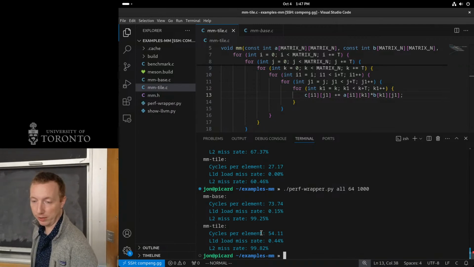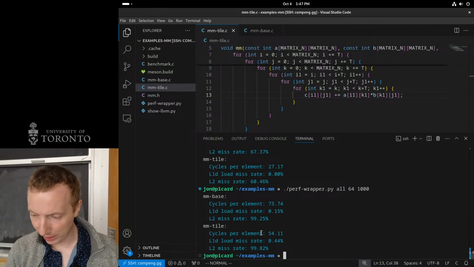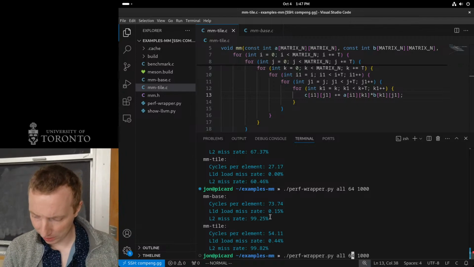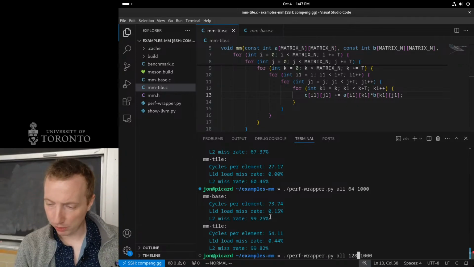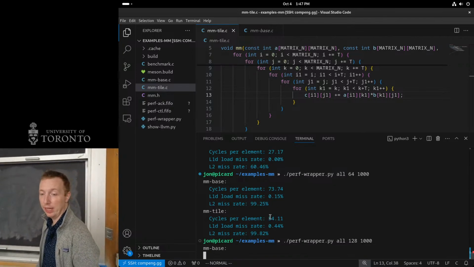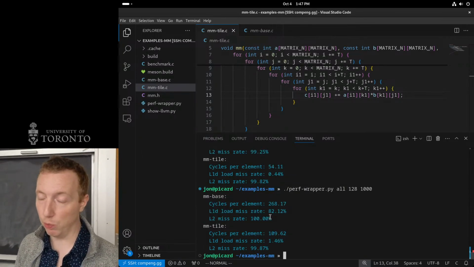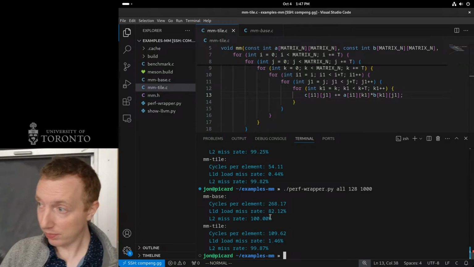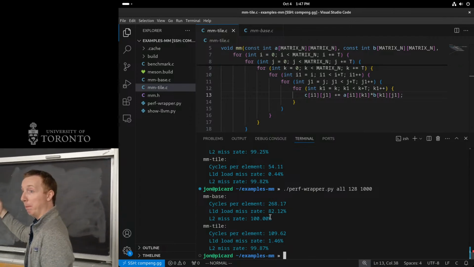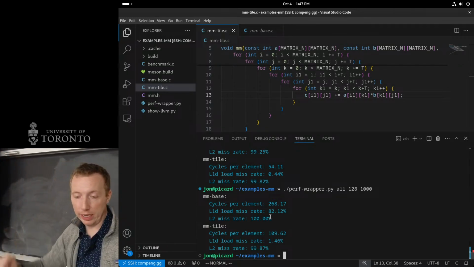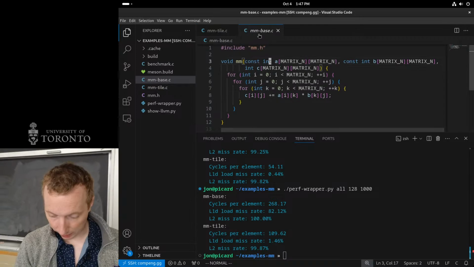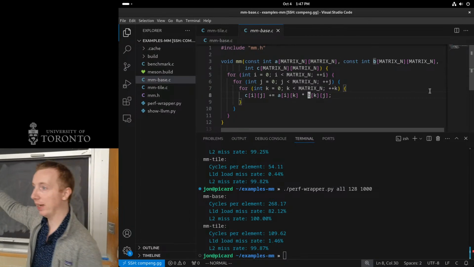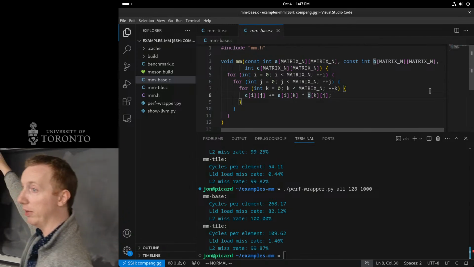Say if I had a 64 by 64, here it still kind of fits in cache, so maybe not. If I bump it up to 128 by 128, then suddenly my effect becomes way bigger, right? Now I've created an array big enough that if I just do the naive approach with this type of loop, every time I access any element in the B array, it's a miss every single time.